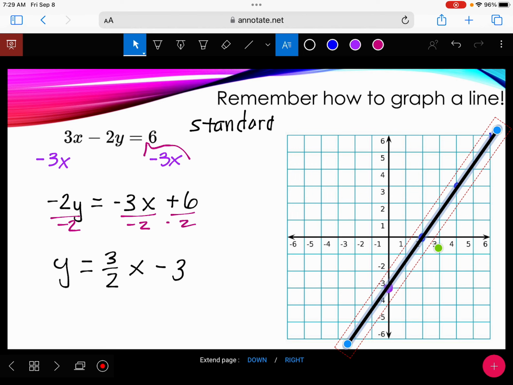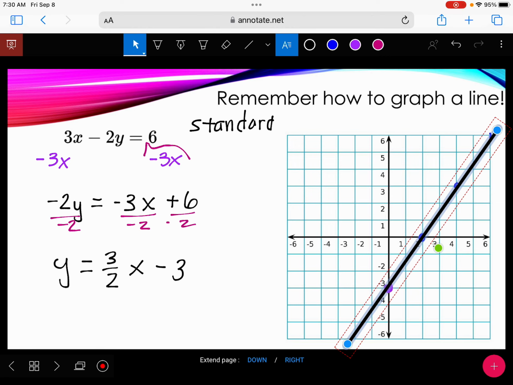If you did the x and y intercept things, you'd find the exact same thing: that we have an x-intercept where x equals 2, and a y-intercept where y equals -3. Absolutely just as valid. As long as your line looks like this from however you got there, that's totally fine.